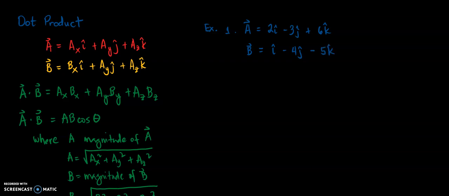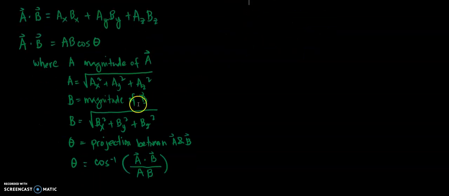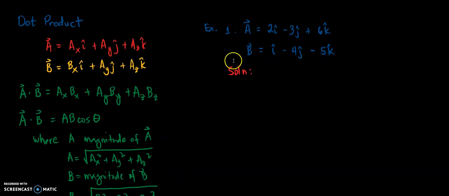Let us solve the dot product of vectors A and B and the angle theta between them.